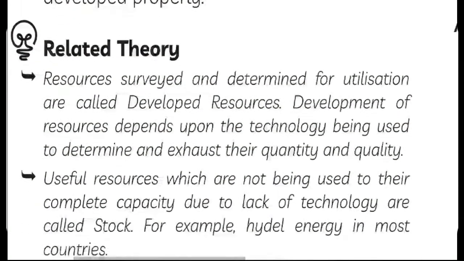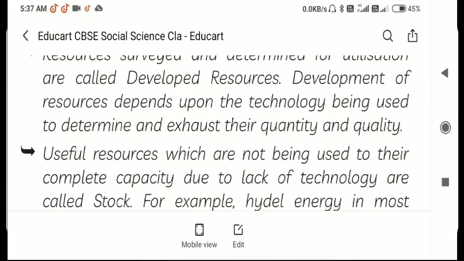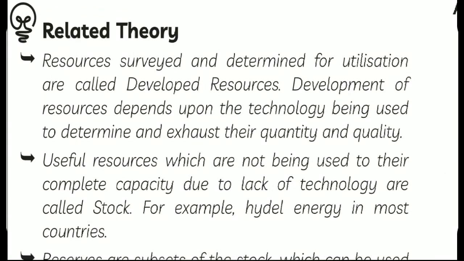The related theory to this question is, resources surveyed and determined for utilization are called developed resources. Development of resources depends upon the technology being used to determine and exhaust their quantity and quality.